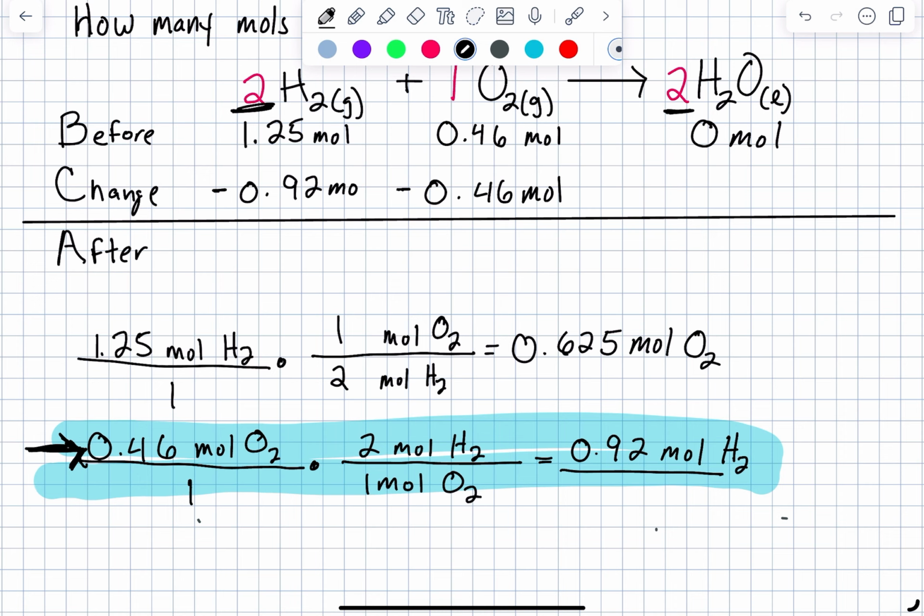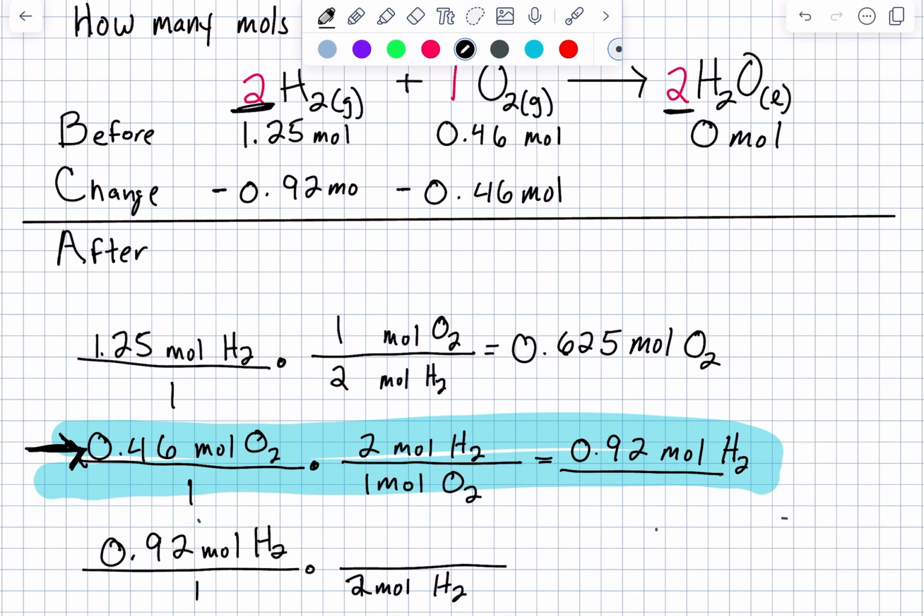So for my hydrogen, I used 0.92 moles of hydrogen. Doing my mole ratio, for every 2 moles of hydrogen, I produce 2 moles of water. The 2 moles cancels out, and so I end up with 0.92 moles of water.